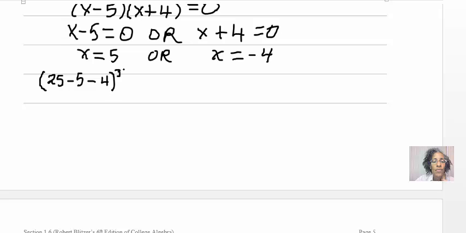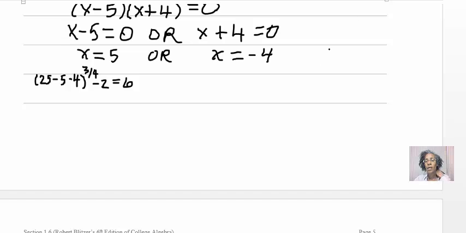That gets raised to the 3/4. I subtract 2, and that needs to equal 6. Okay, I wrote that a little smaller. So this is 20 minus 4, 16. This is 16 to the 3/4.